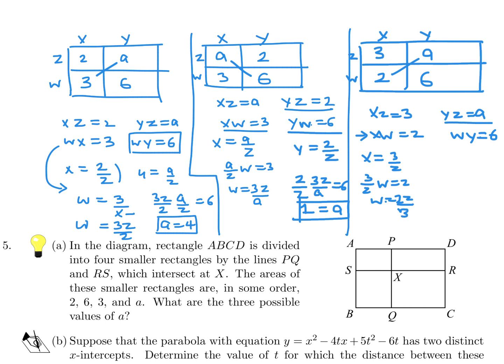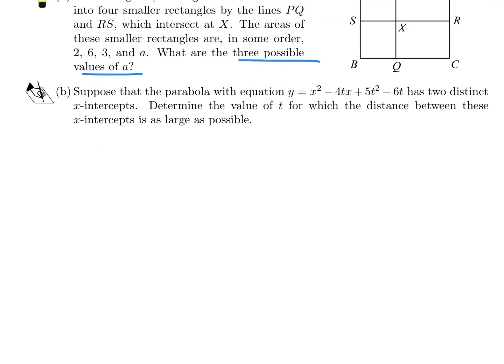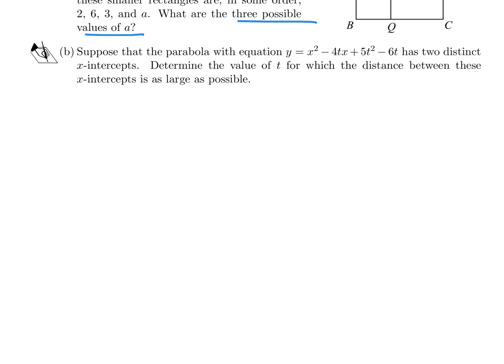And from YZ we get Y is equal to A over Z. Now we can substitute both in: W is 2Z over 3, Y is A over Z, times is 6, so the Z's cancel, and 3 times 6 is 18, 18 divided by 2 is 9, so 9 is the answer for A there. So 4, 1, and 9 are the 3 values for A.